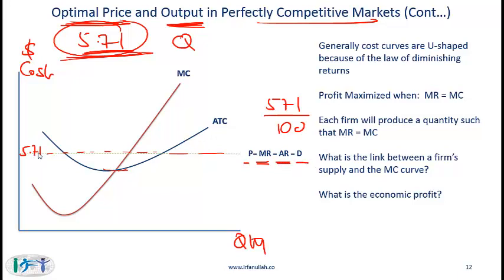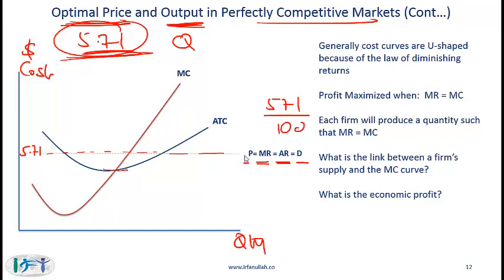We have a perfectly elastic demand curve. If we sell one orange, we'll sell it for 5.71. If we want to sell 10,000 oranges, we can sell them at 5.71 per orange. If we try to sell oranges for $6 each, then we will not be able to sell any. So this is our horizontal or perfectly elastic demand curve.